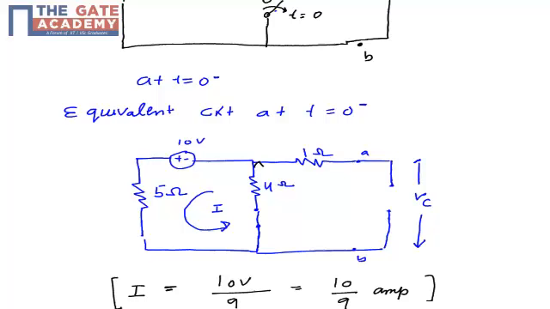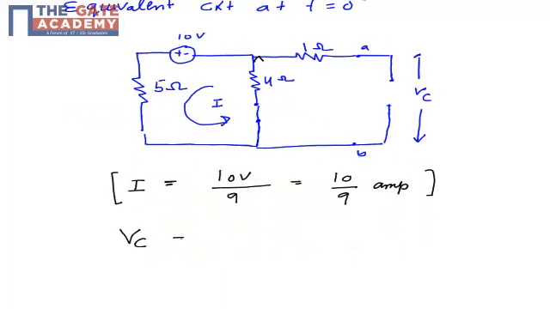The voltage across the capacitor, VC, will be the voltage drop across the 4 ohm resistance, because there is no drop across the 1 ohm resistance: it is attached to the open circuit, so there is no current flow. When I is 0 for this resistor, there is no voltage drop across it, so the entire voltage across the 4 ohm will be transferred to the capacitor.